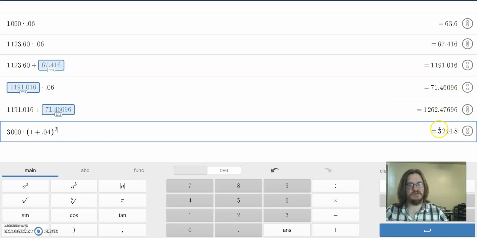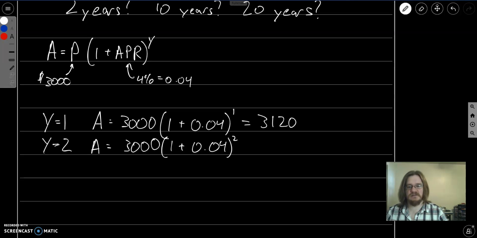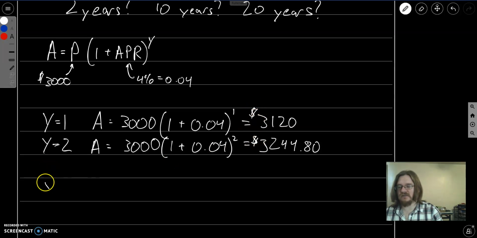And what we'll see is we now have a little bit more money, $3,244.80. Let's do 10 years.